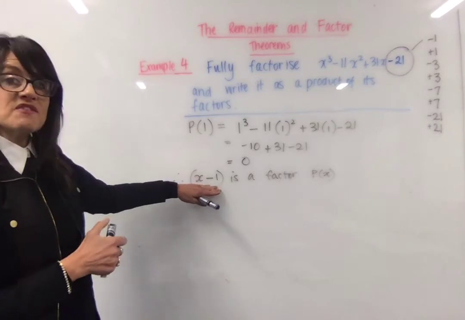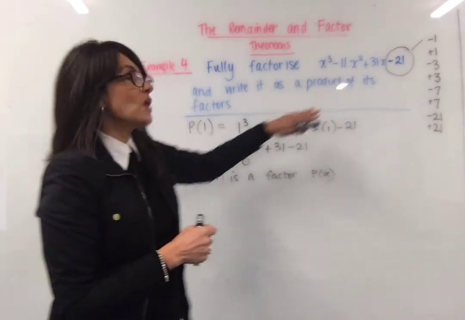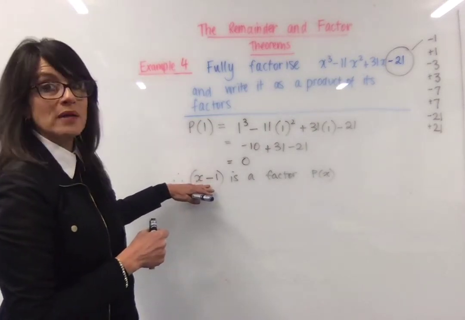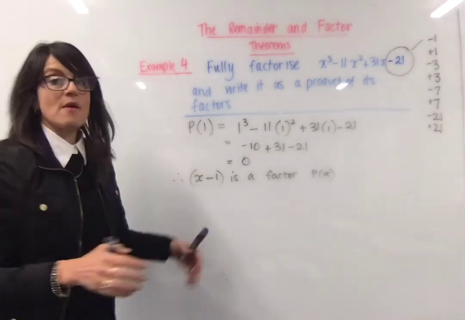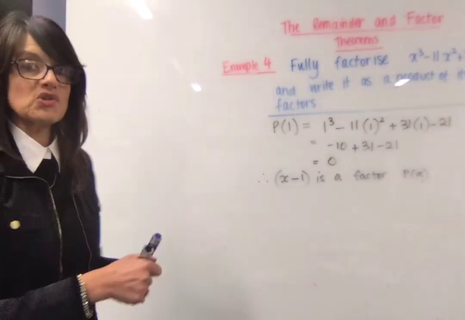Now, if this is a factor, that means I should be able to take this polynomial, apply the process of long division and divide it by x minus 1 and then end up with a result of 0, because it should divide evenly. So let's have a look at doing that now.